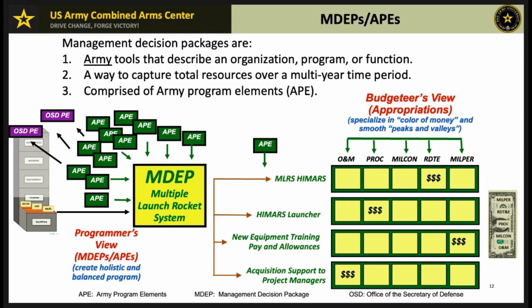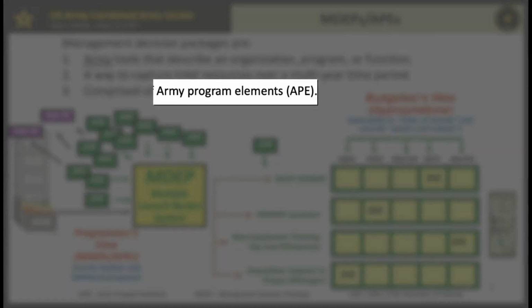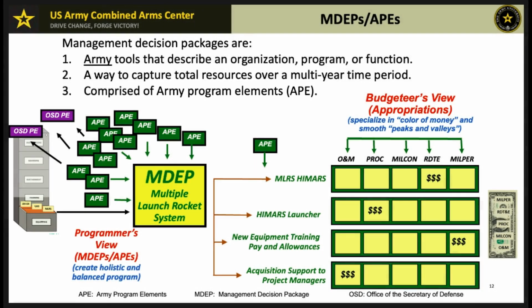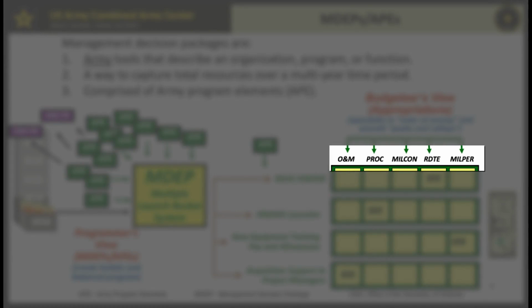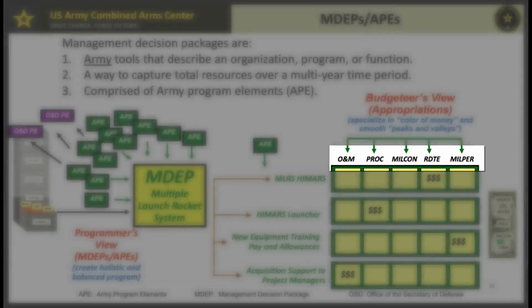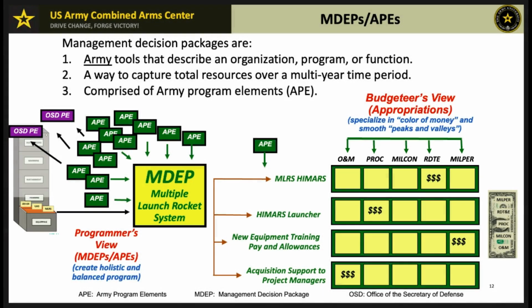MDEPs break down into Army Program Elements, or APEs, which represent specific activities needing resources aligned with appropriation types like O&M, procurement, MILCON, RDT&E, or MILPER. MDEPs are Army-specific tools detailing manpower and financial resources over multiple years for the active Army, Guard, Reserve, and civilians.